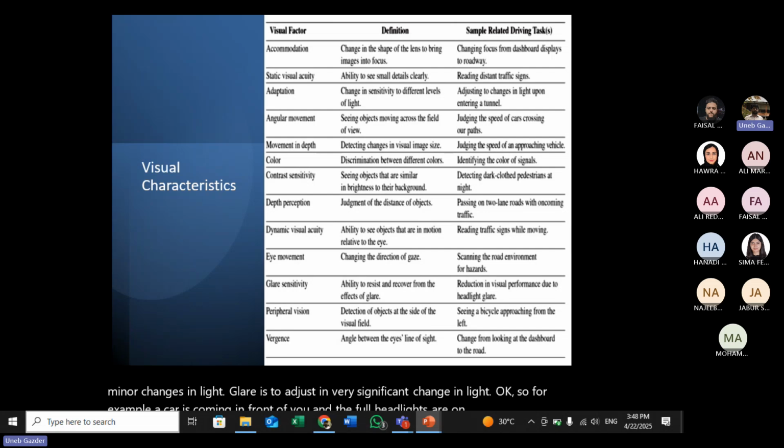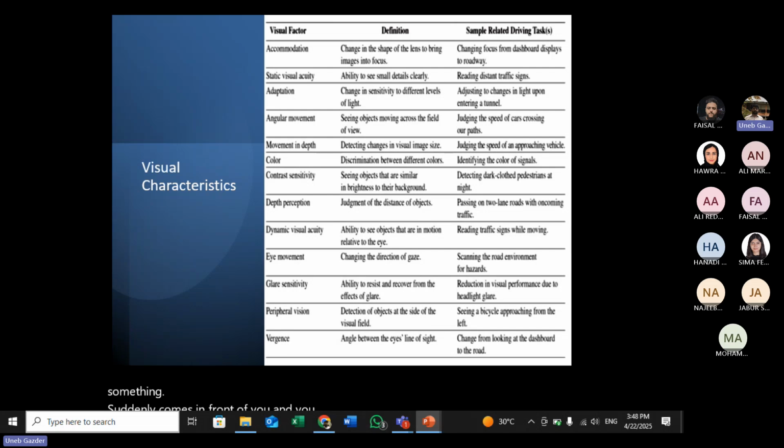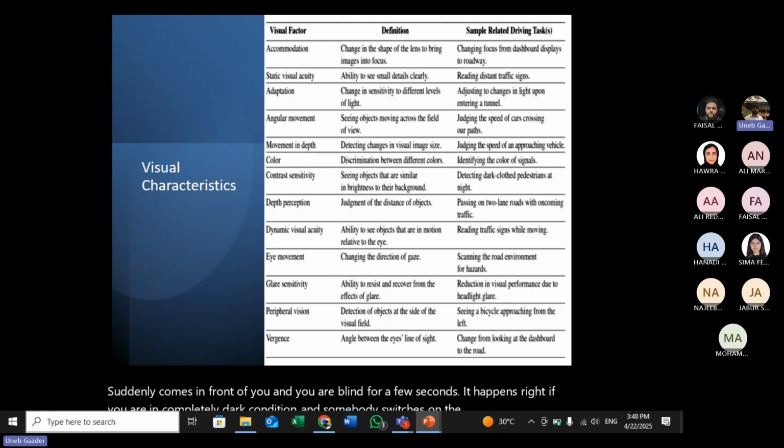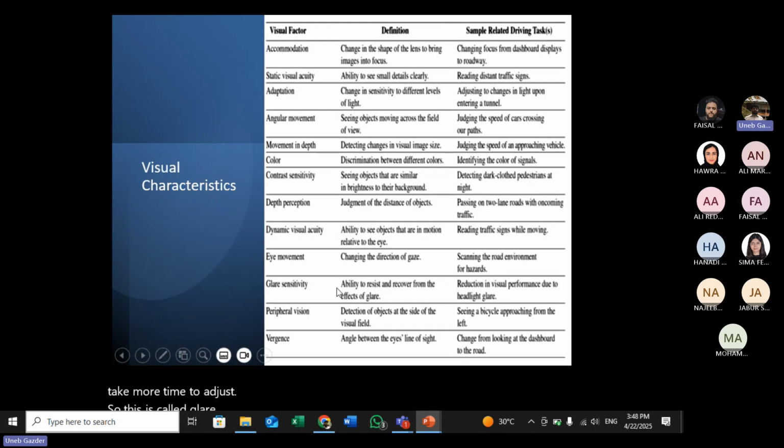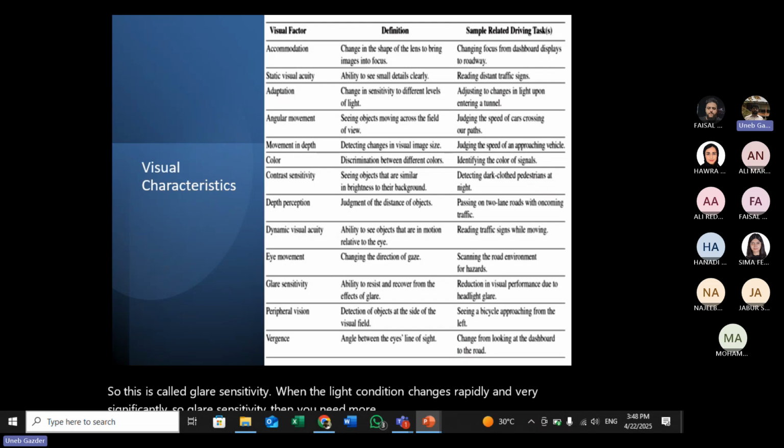Suddenly something comes in front of you and you are blind for a few seconds. If you are in completely dark conditions and somebody switches on the light, your eyes will take more time to adjust. So this is called glare sensitivity, when the light condition changes rapidly and very significantly.